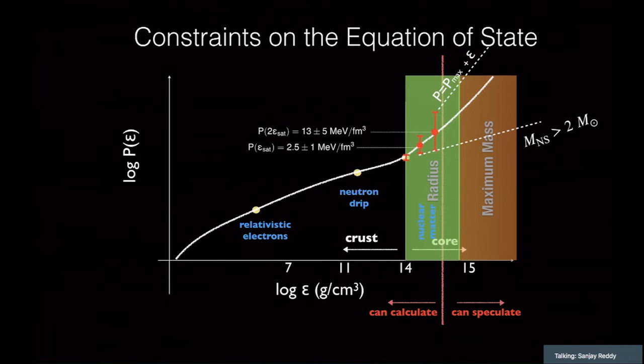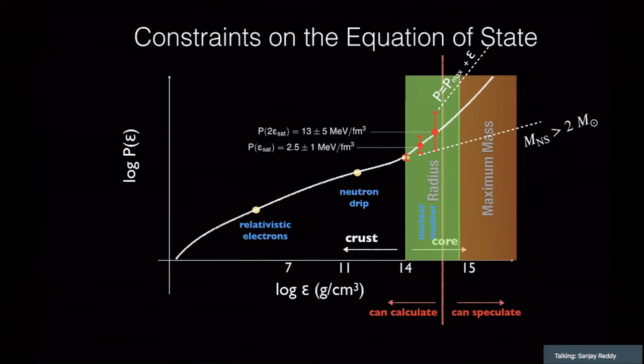So just using calculations of neutron matter up to twice nuclear density, we can create boundaries at higher density based on these two observations. So any equation of state that is acceptable, physically permissible, must lie in between these two lines.